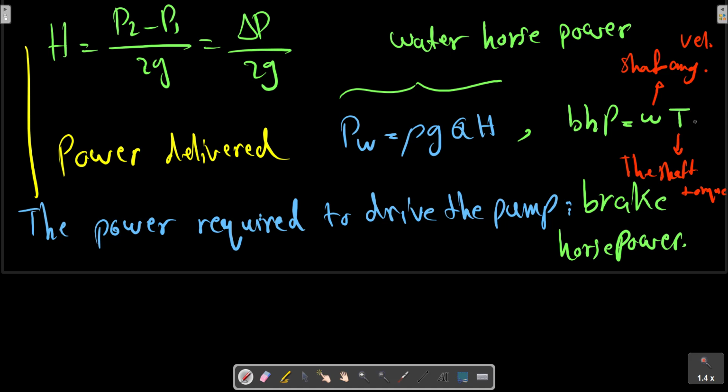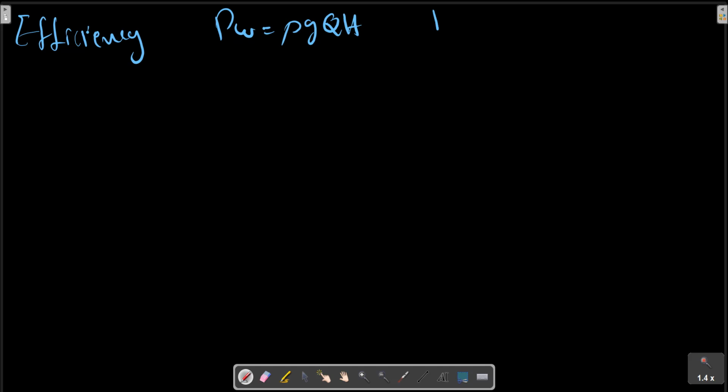If there were no losses, PW and the brake horsepower would be equal, but of course PW is actually less, and the efficiency eta of the pump is defined as rho g Q H, the water horsepower, over BHP, the brake horsepower.